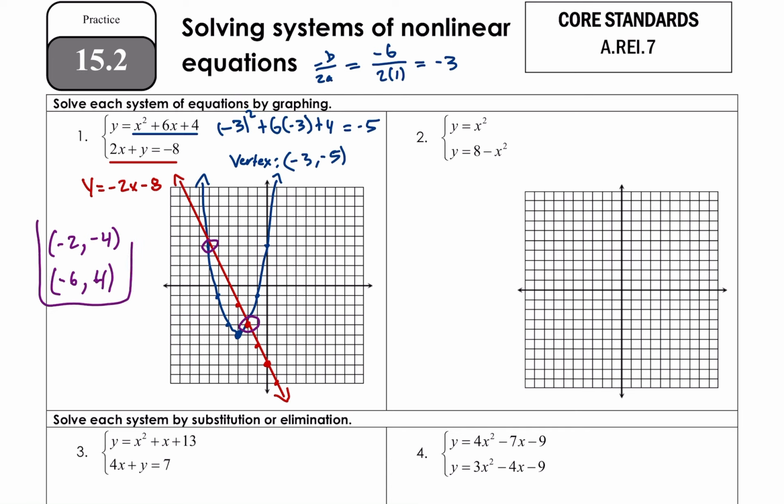And that would be the solution to my system of nonlinear equations. So now I have 2 answers instead of 1 answer, because I don't just have lines, I have some quadratics mixed in here.